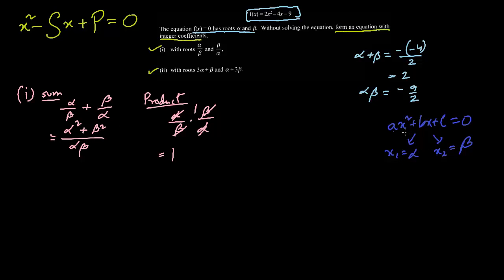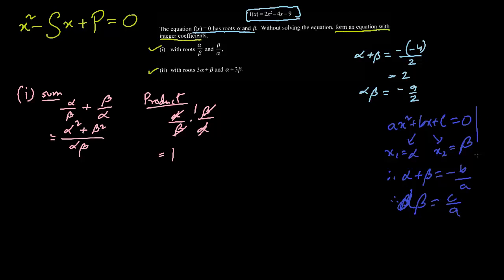If you are given a quadratic equation and you know the roots, then the sum of the roots alpha plus beta is the negative coefficient of x, so it would be minus b divided by a, and the product alpha into beta would be the constant coefficient c divided by a.